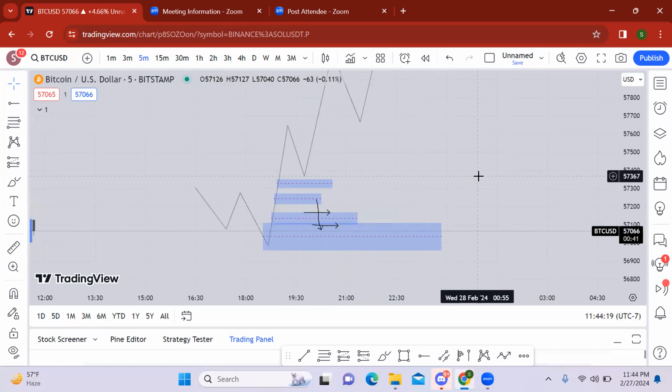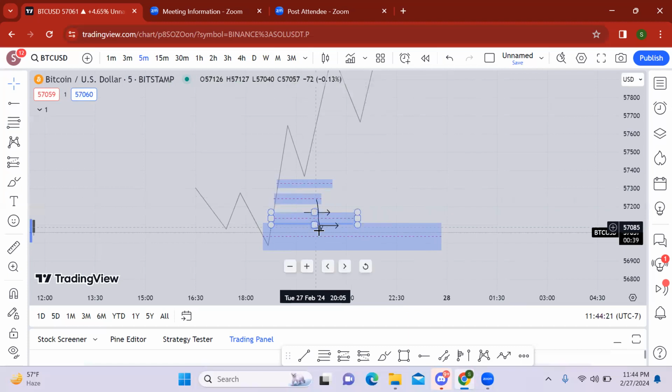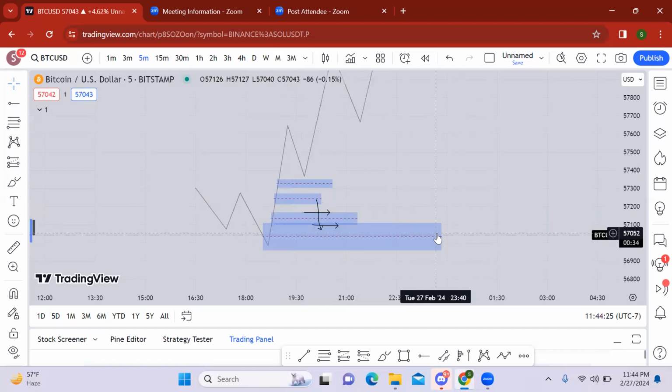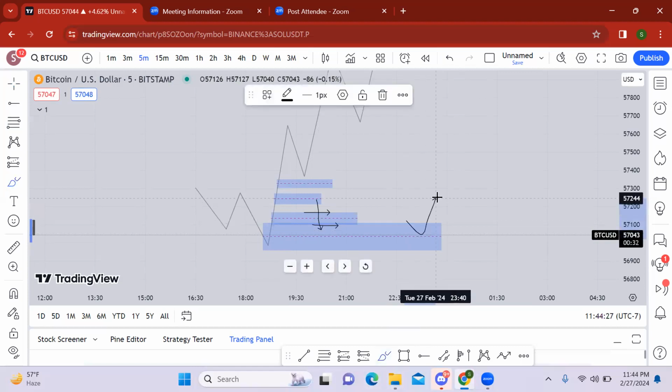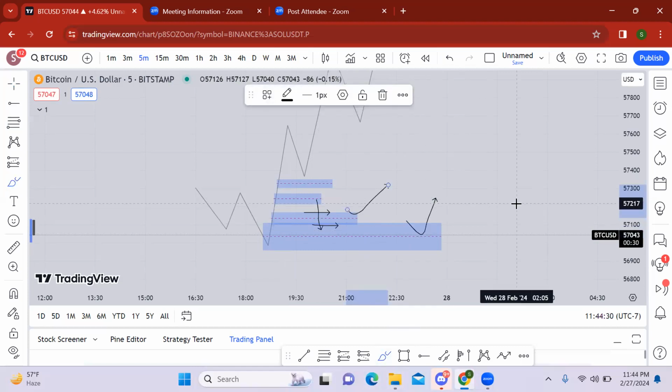It gives me two things. First, if price comes here, slices through into the order block and it reacts, it means my order block is valid, plus my imbalance is valid.